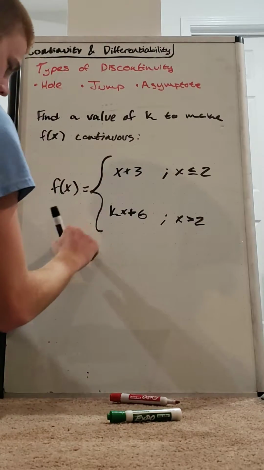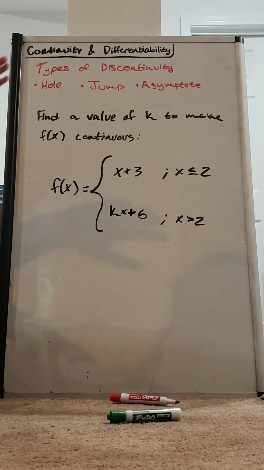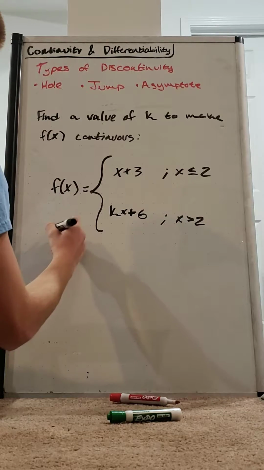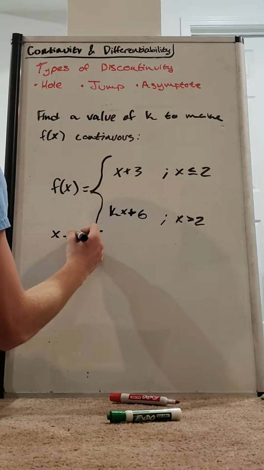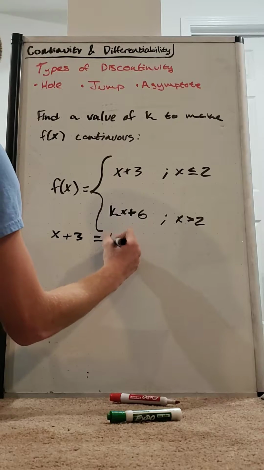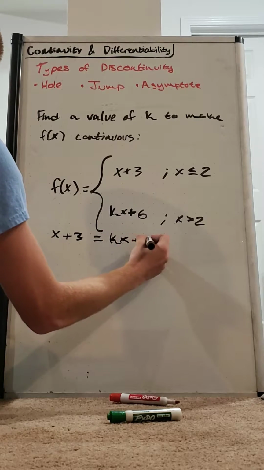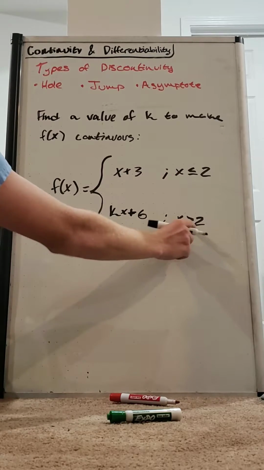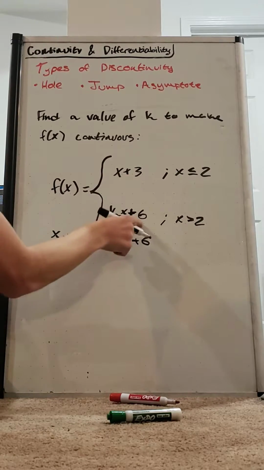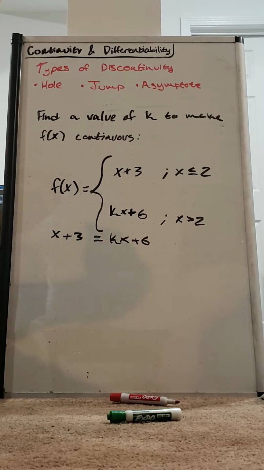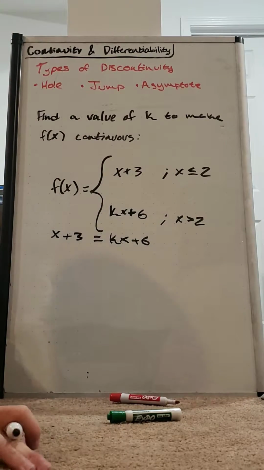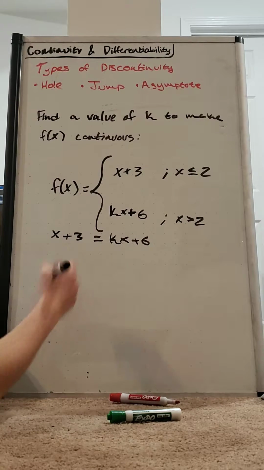For them to come together at x equals 2, they need to be equal at that point. So we set x plus 3 equal to kx plus 6, and we're only worrying about where x equals 2, since we know these functions are both continuous everywhere else. We're just trying to get them to come together at the same point. So we can just plug in 2 for x.